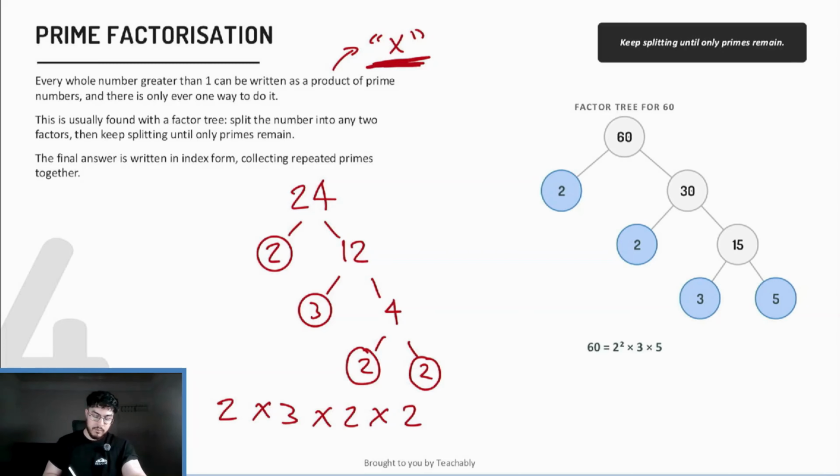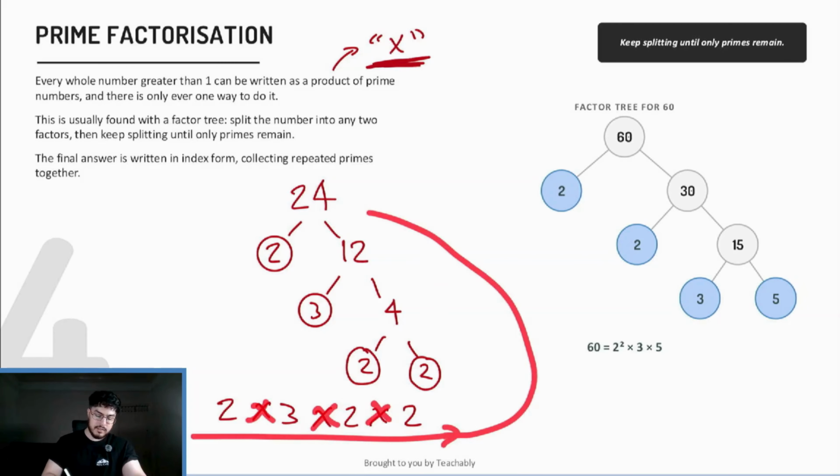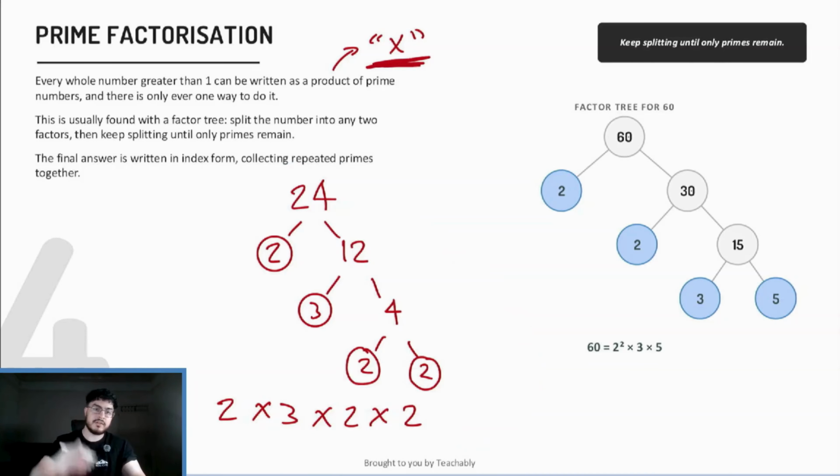And so we now can write a list of prime numbers being multiplied by each other, giving us our number 24.